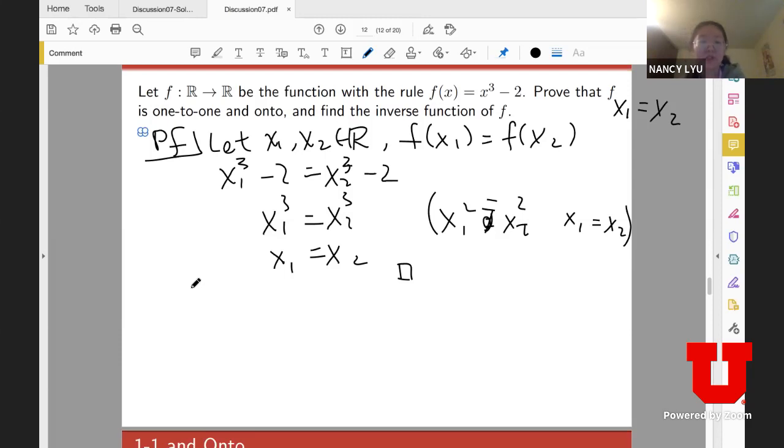So basically you want to show that, let y be given, and so we have x.